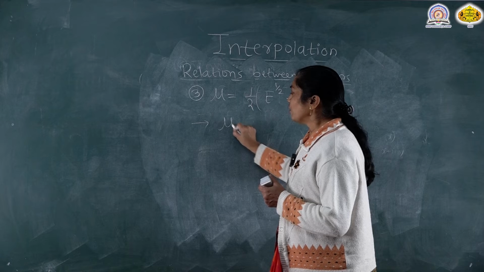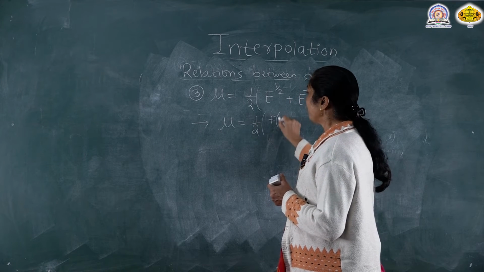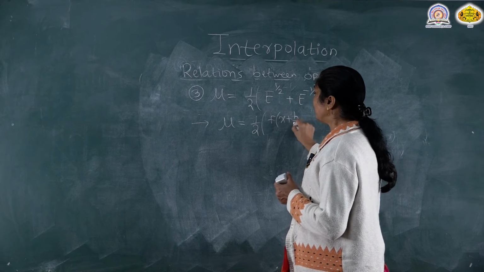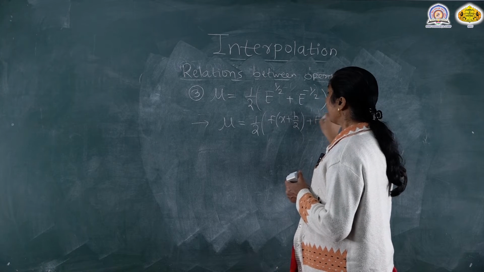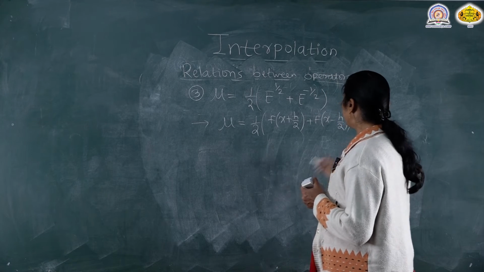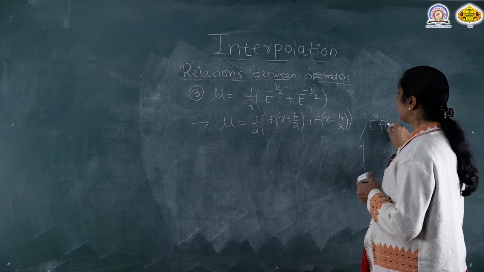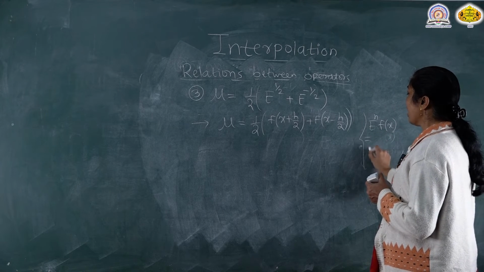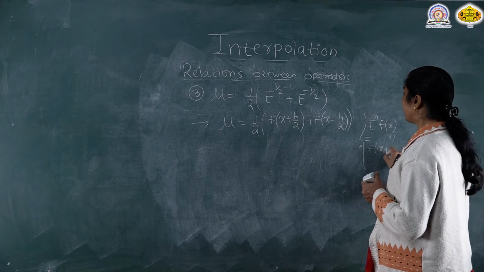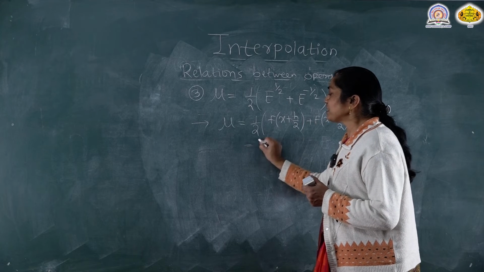We know that mu is equal to 1 by 2 into bracket f of x plus h by 2 plus f of x minus h by 2. And we have just seen that the standard formula is E raised to n f(x) is equal to f of x plus nh.